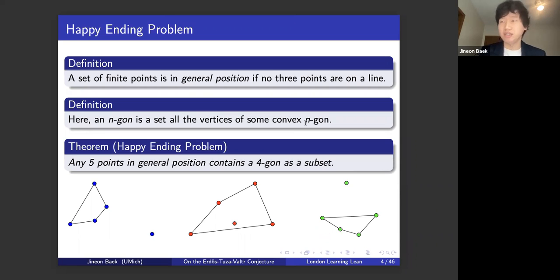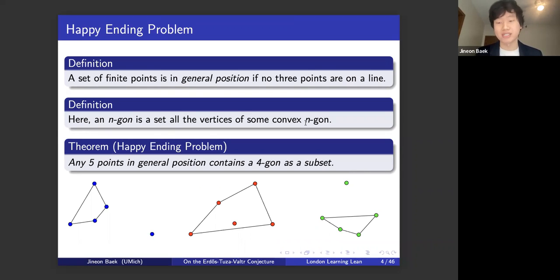If you actually try to plot a bunch of points on the plane, it is rather an unusual, singular event for 3 of them to happen to lie on a single line. So in this talk, we assume that case is not happening. Another definition: if I talk about an n-gon, I'm not talking about any concave n-gon. I'm always talking about a convex n-gon.